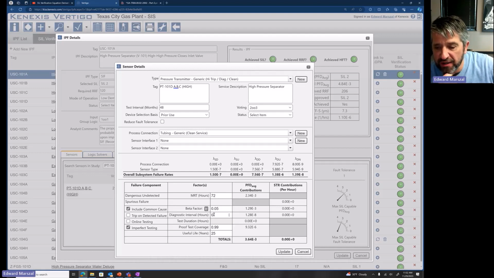But if it's a 2 out of 2 vote, we also have the logic that says, okay, this is the probability that one of the devices is in the failed state, but both of them have to be in the failed state. So that's accounted for in the equation, that both of them have to be in the failed state before a failure occurs. So for a 2 out of 2 vote, a second failure would have to occur.